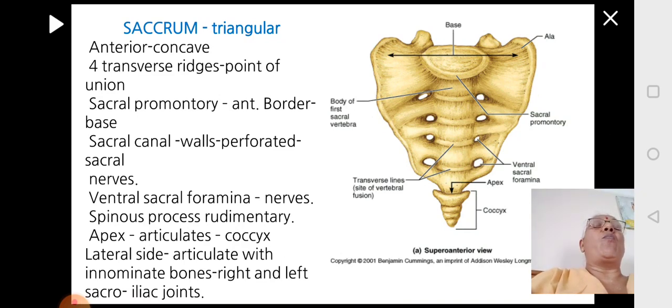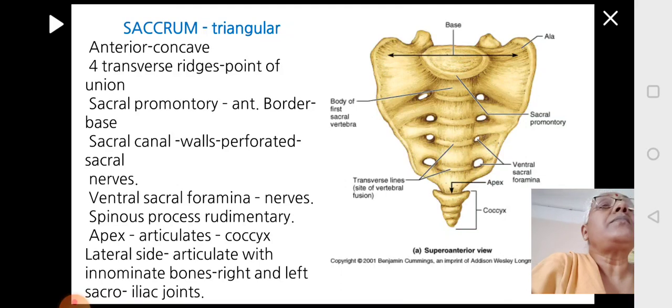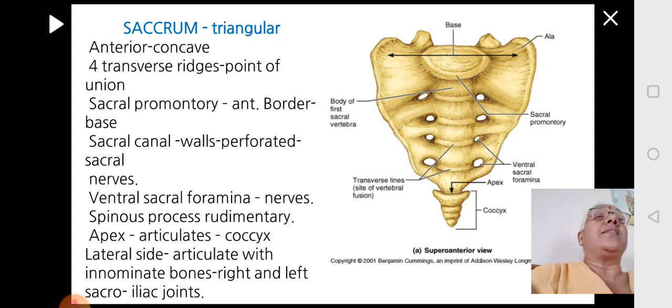So the sacral promontory is the region where it will articulate with the lumbar vertebra. If you look at the sacral promontory, you can see the shape is like that of the body of the lumbar vertebra. So here is the region in which the sacrum connects to the lumbar to form the lumbosacral joint.